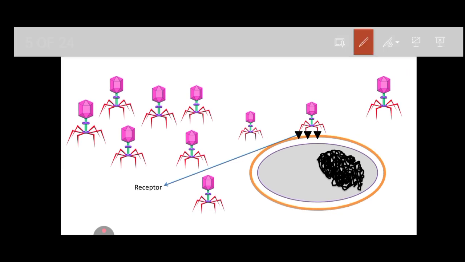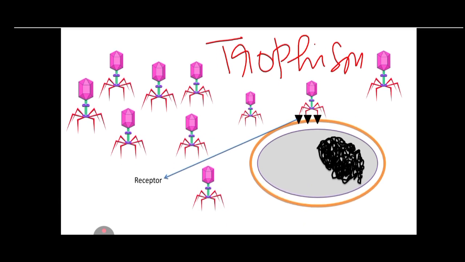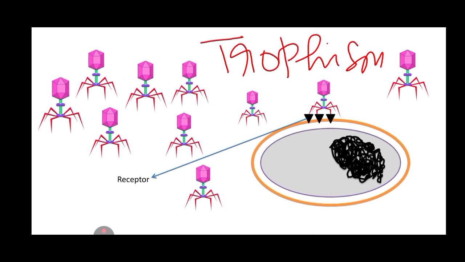The answer is trophism, right. Trophism is specificity. Remember, the terminology trophism is specificity. And how does a virus, typically a bacteriophage, identify specifically its host, for example bacteria, right.